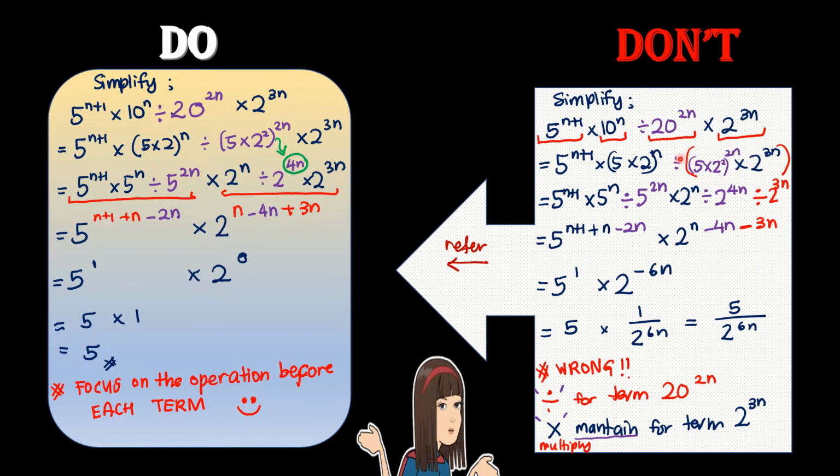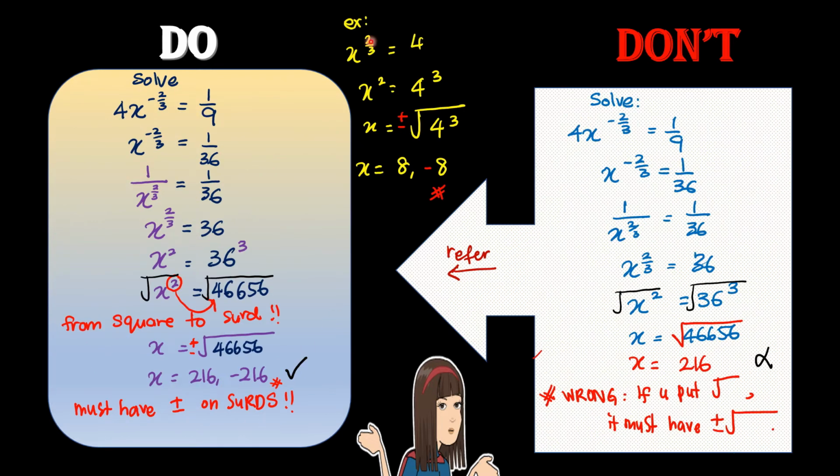So when you get this wrong, everything will be wrong. Negative is only for the term 2 power of 2, and multiply is maintained for the term 2 power of 3n. Okay, that's it.